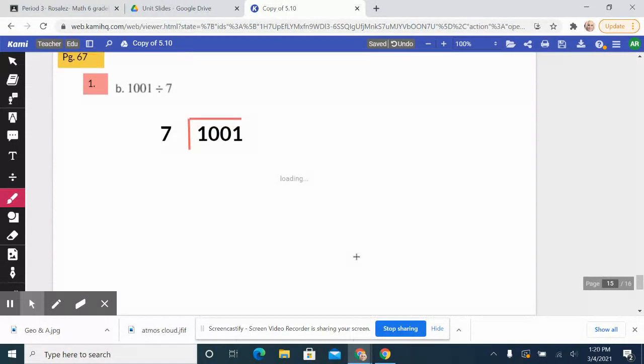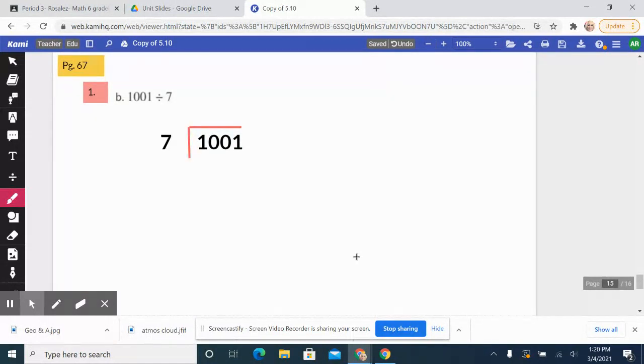Okay, so now for letter B. 7 into 1001. Now 7 doesn't go into 1, but it goes into 10. So I'm going to focus on the hundreds place. So 7 goes into 10 once. So I'm going to make sure that's lined up right above that hundreds. 1 times 7 is 7. And you end up with 3. When you subtract, you got to bring down your 0.